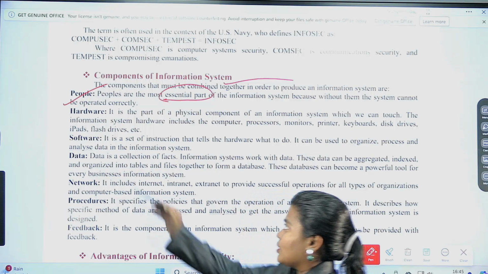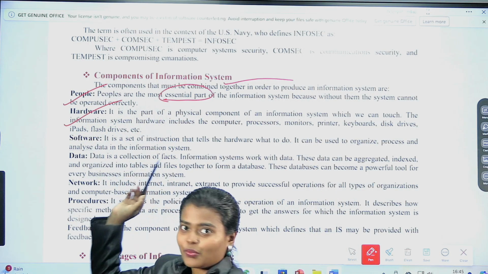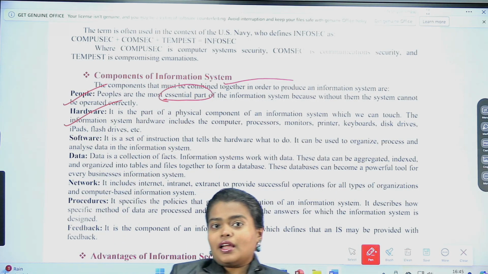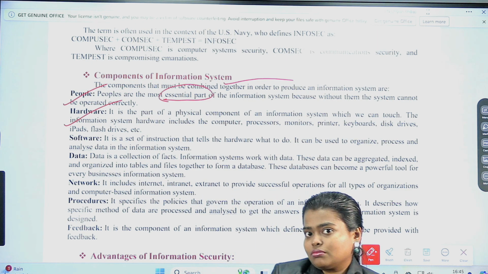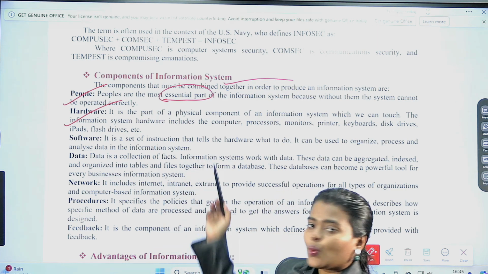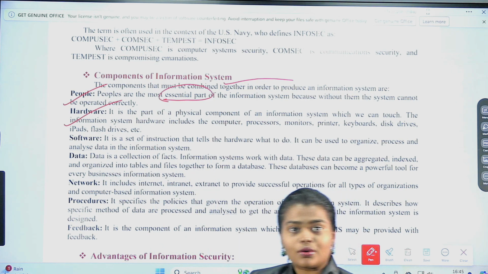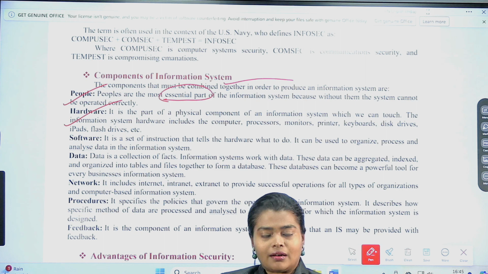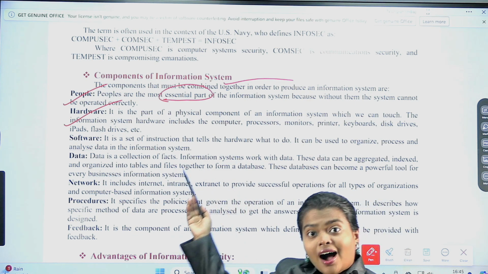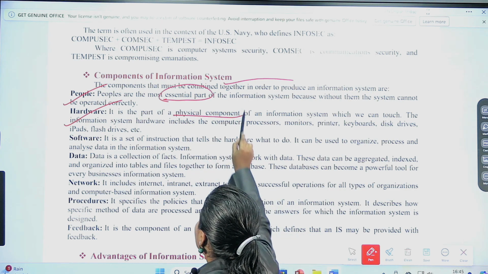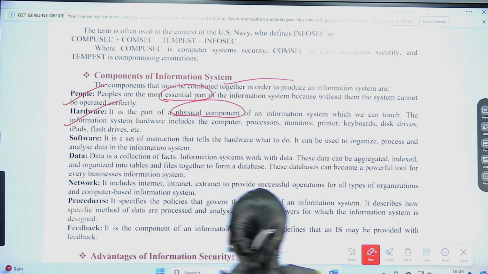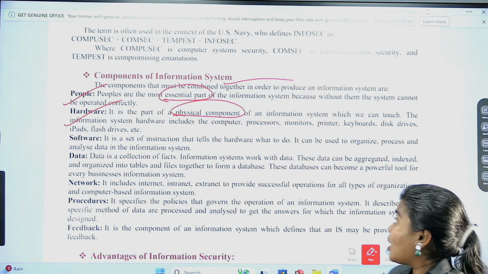The next one is hardware. Now we are going to store our information, so where are we going to store it? Obviously we need hardware to store all our data. What is hardware? It is a physical component of an information system which we can touch.